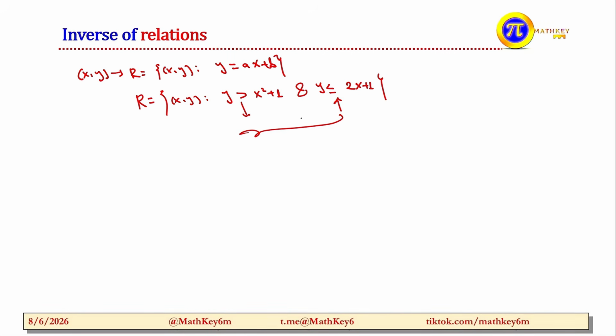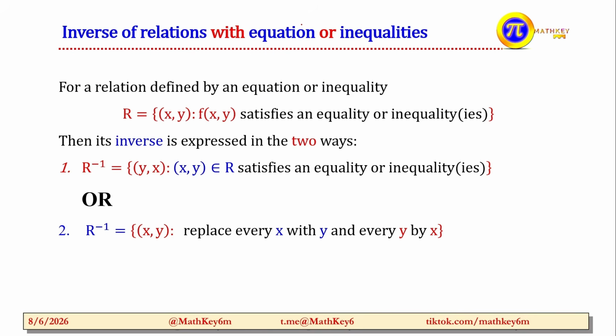So, if we come across such relationships or relations, how can we find the inverse of such relations? Relations which consist of equalities or inequalities. Let us see this one. Inverse of relation with equation or inequalities, for a relation defined by an equation or inequality which is given by x, y, f of x, y. Here f is a function that indicates that x is the input, and the output is y when we substitute.